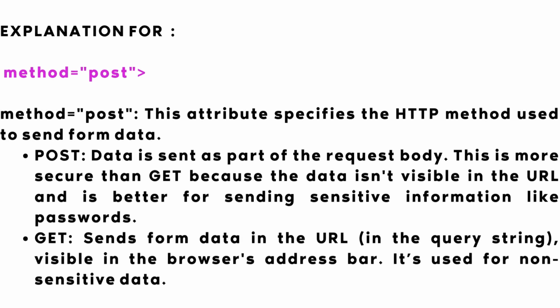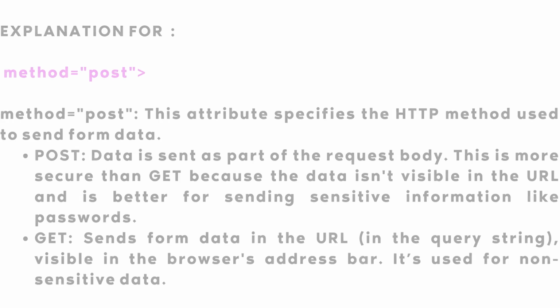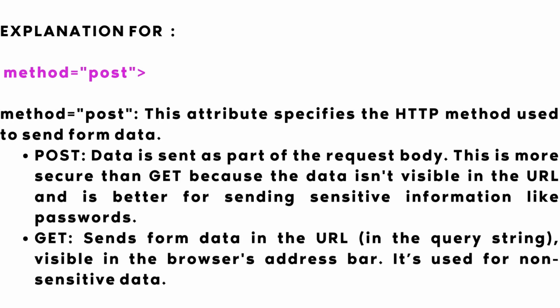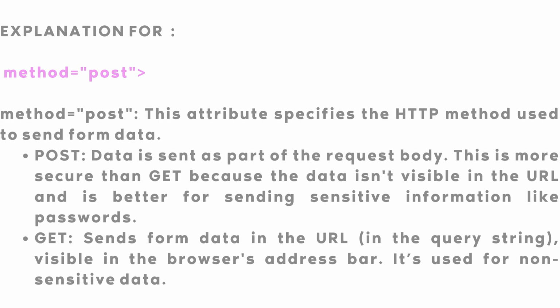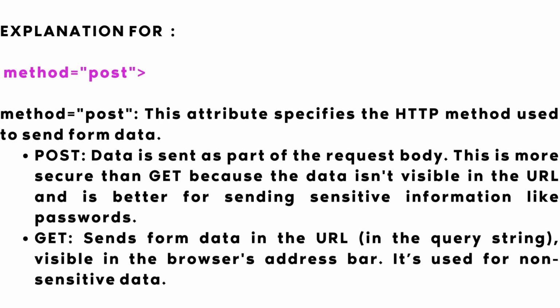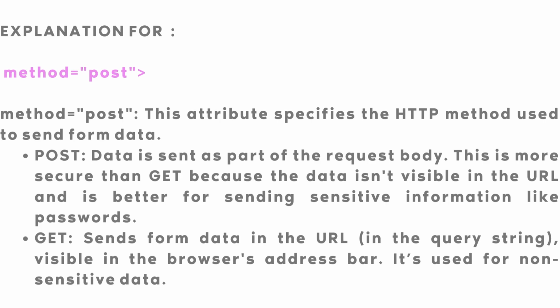Method is equal to post. This attribute specifies the HTTP method used to send form data. Post: data is sent as part of the request body.